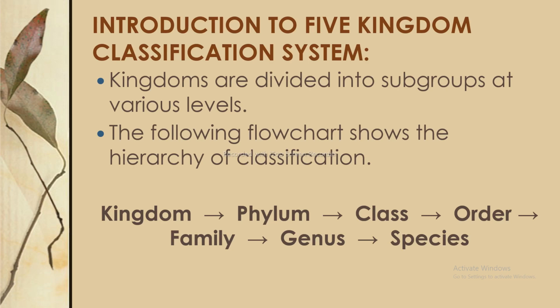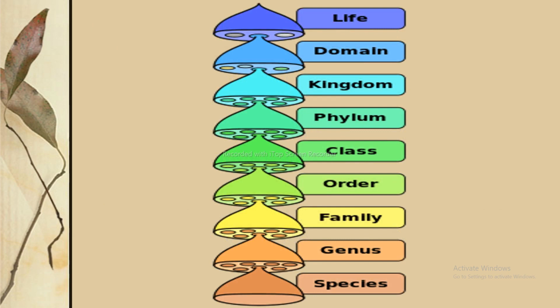The following flowchart shows the hierarchy of classification, which is kingdom, phylum, class, order, family, genus, and species. So this is the hierarchy of classification of living things, which starts from life, then comes domain, then kingdom, phylum, class, order, family, genus, and species.